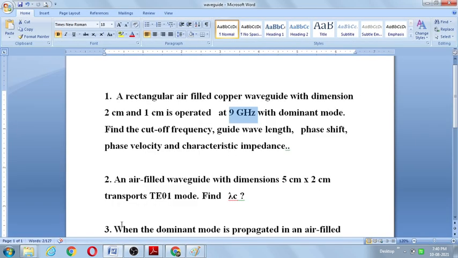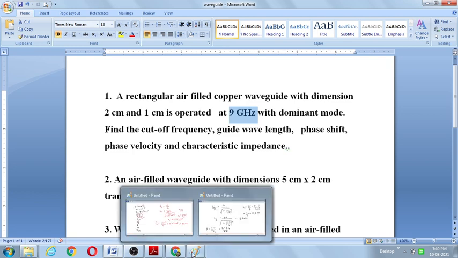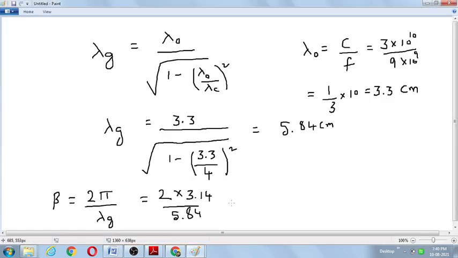Okay. After that, we have to calculate phase velocity. So how to calculate phase velocity? Here beta, we'll get 1.07.